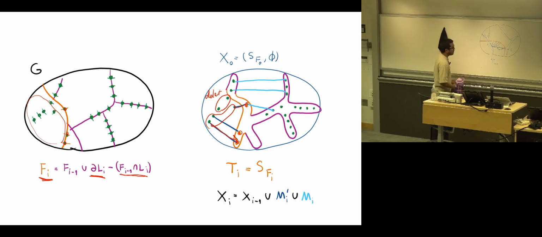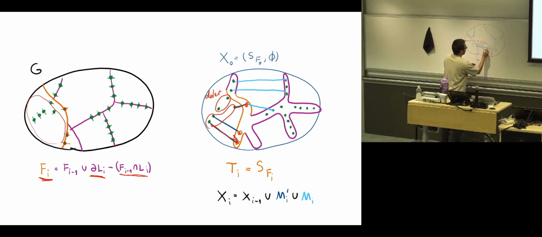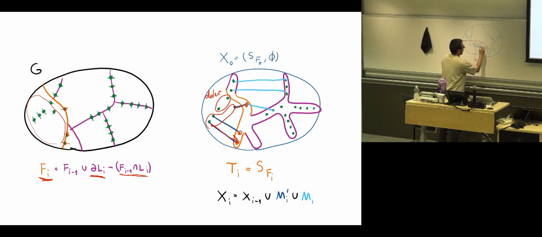So here the way I'm gonna define my deleting set is, I'm gonna delete this guy and also delete this guy. This is my D_i.